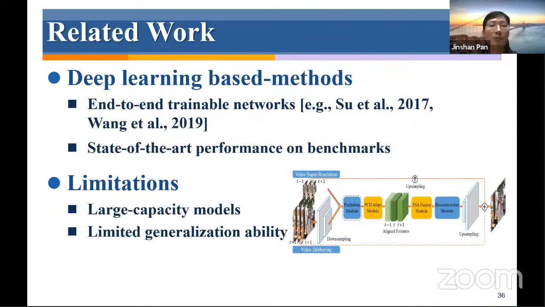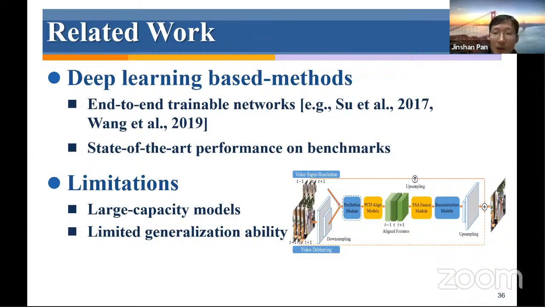So to solve this problem, most existing deep learning-based methods usually develop end-to-end trainable networks. And we also know that these methods also achieve state-of-the-art performance on kinds of benchmark datasets. However, as mentioned before, the performance gains of most deep learning-based methods are mainly due to the use of large capacity models.